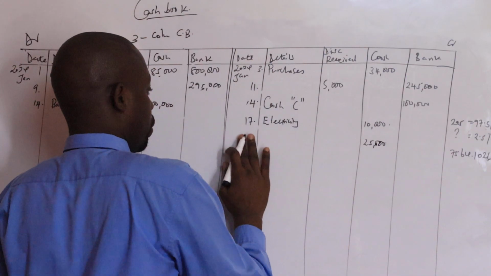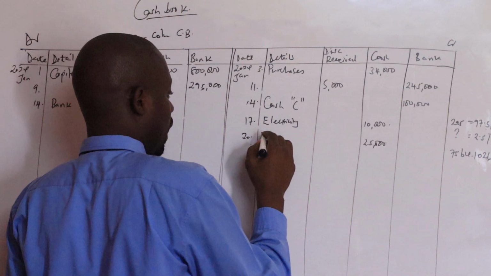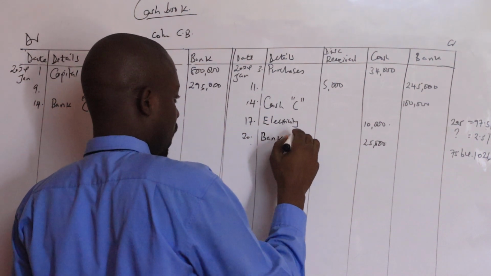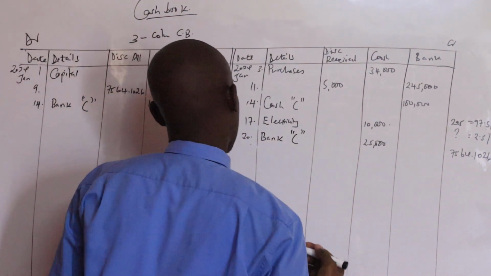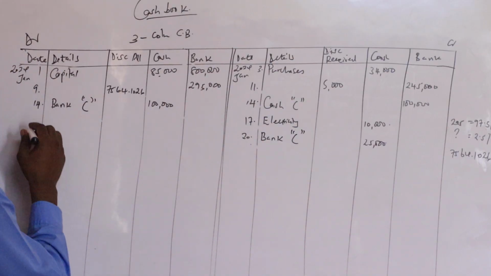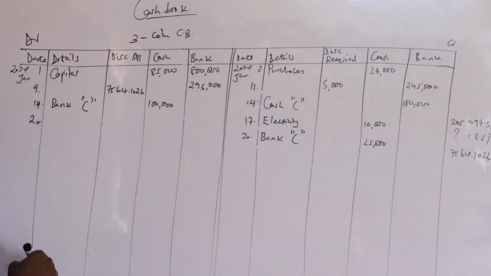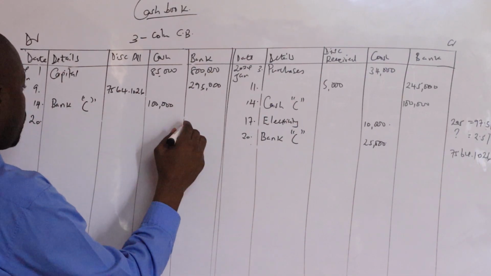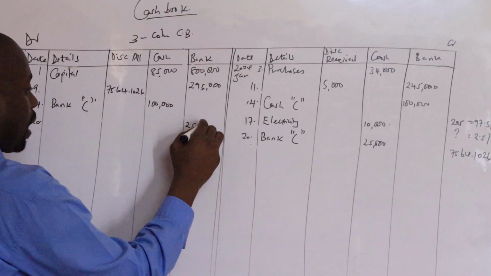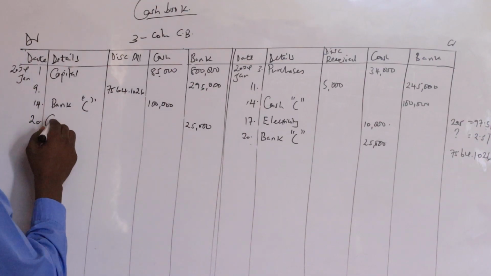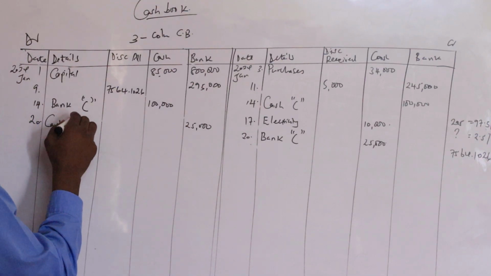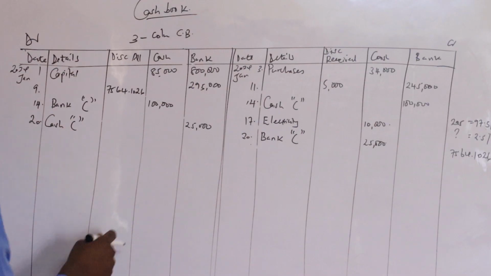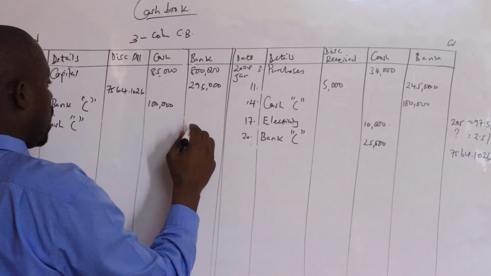Where is it going to? That money is going to the bank. So I record here bank and I show it's a contra entry. The very day, that transaction should feature in the bank statement. That amount is entering our bank account, and is coming from the cash till. So cash 25,000. So that's how we record it.